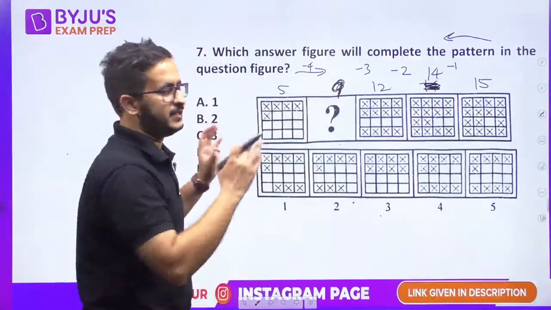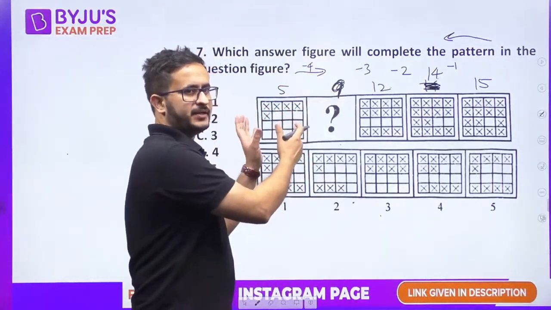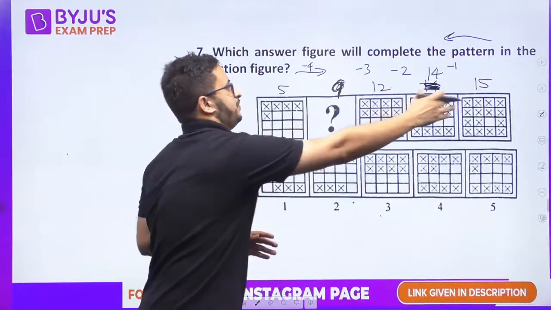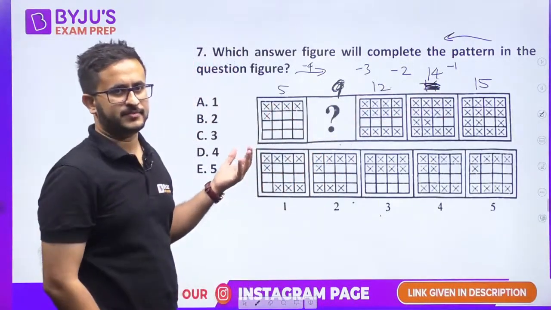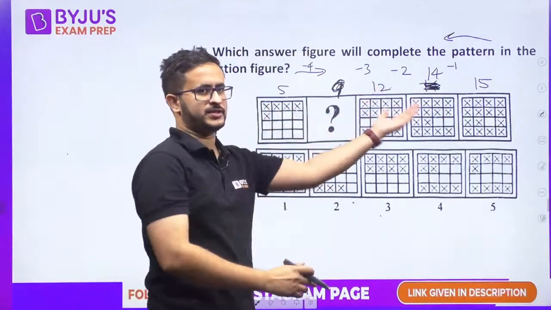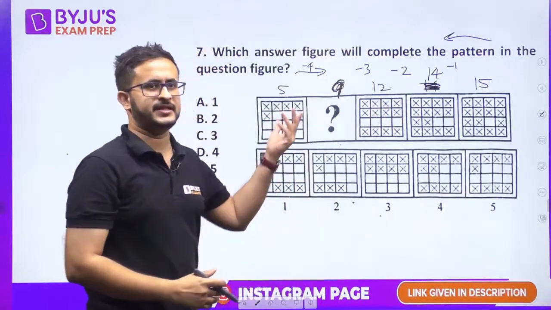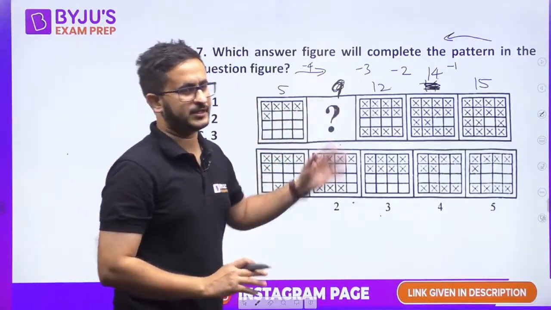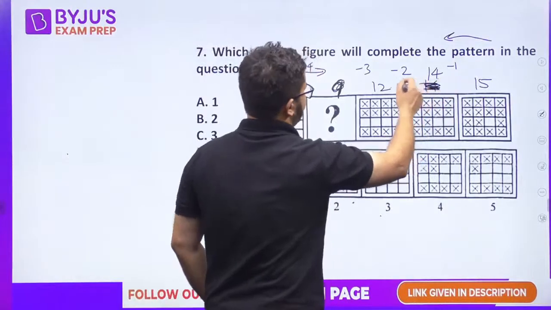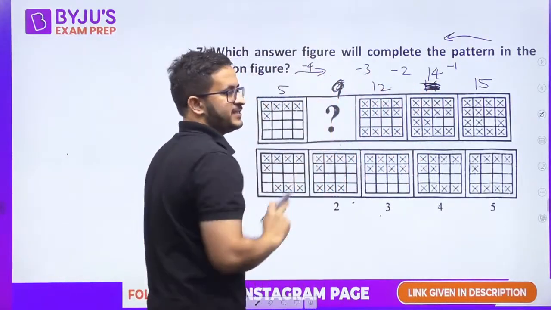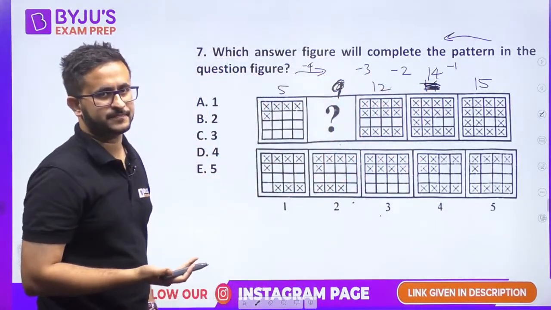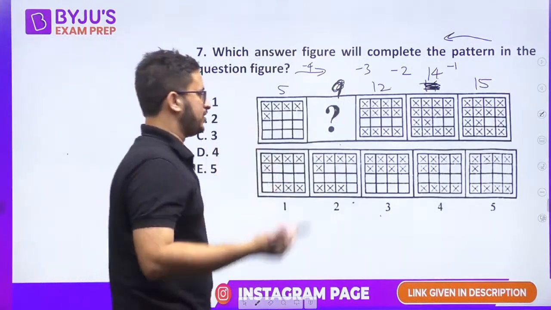So see, if the blank is towards the left side, make sure that you see in the other direction. It is not necessary to look from here to there, you can also look from there to here. It's a series, it will follow the pattern in both directions. So -1, -2, -3, -4. It justifies that there should be 9 crosses.